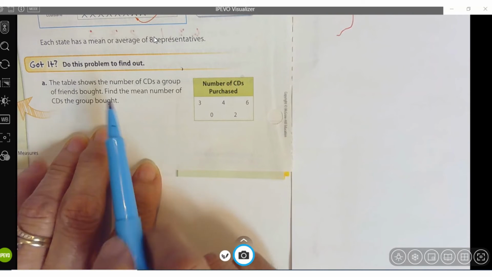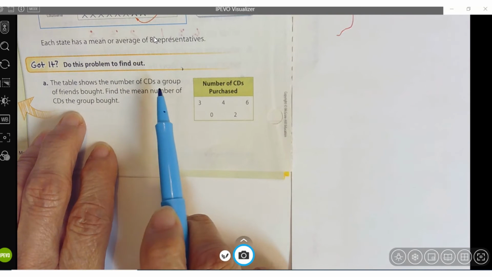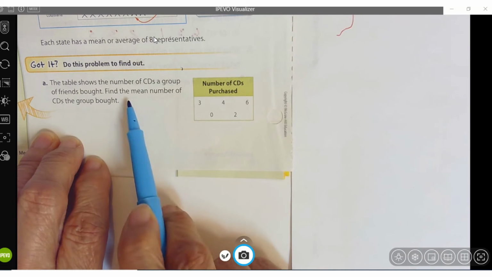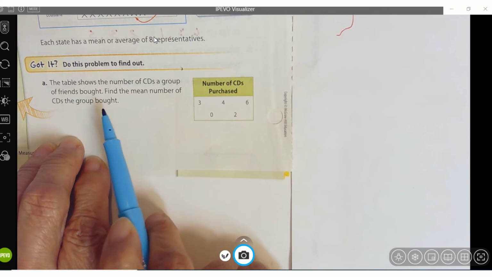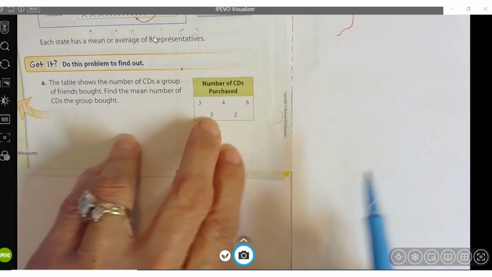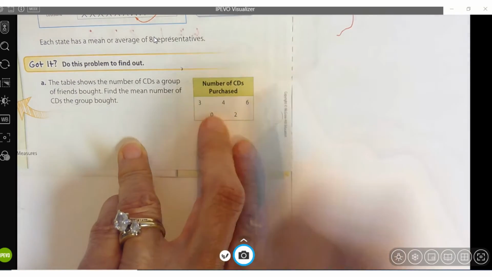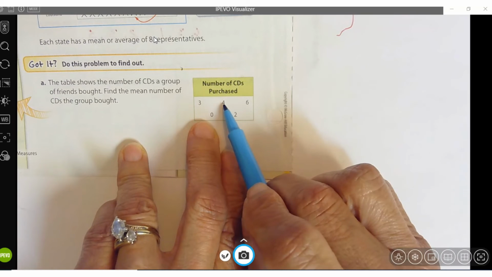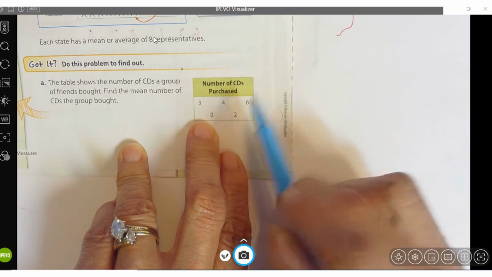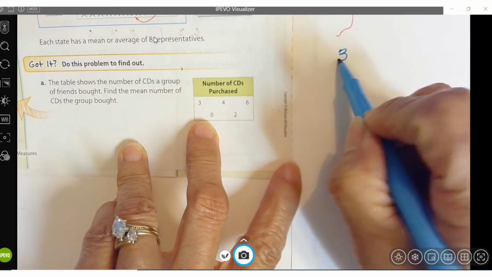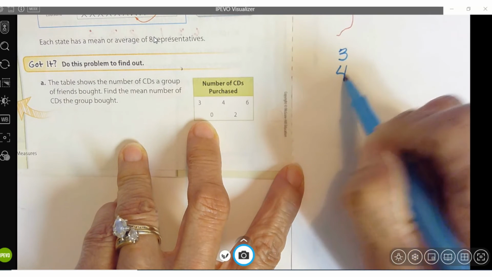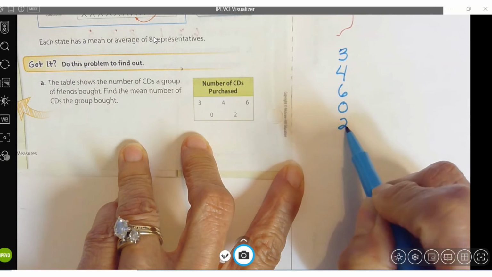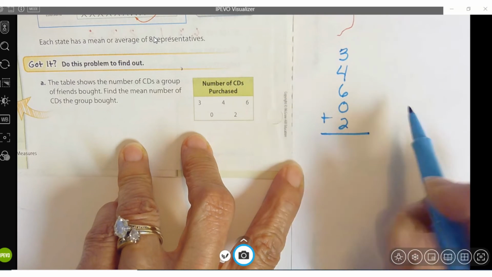Okay, so the table shows the number of CDs a group of friends bought. Find the mean number of CDs the group bought. All these numbers, we can easily add them up in our head. 3, 4, 6, 0, 2.